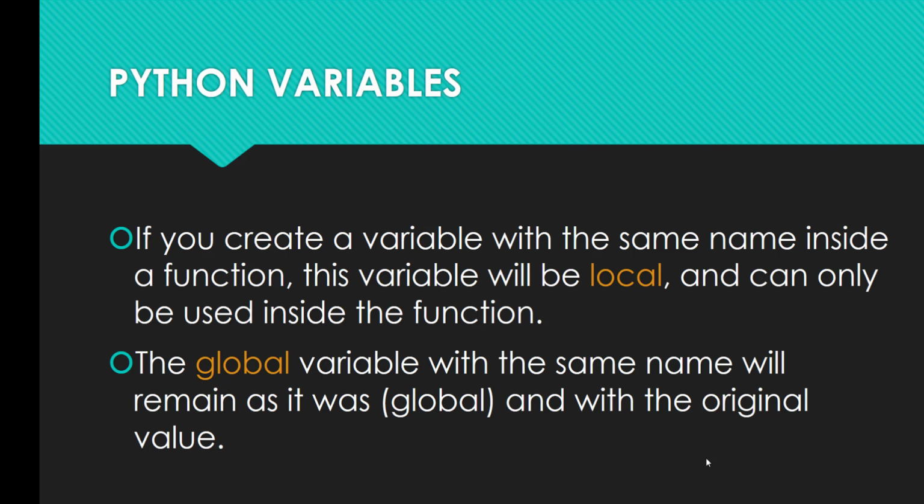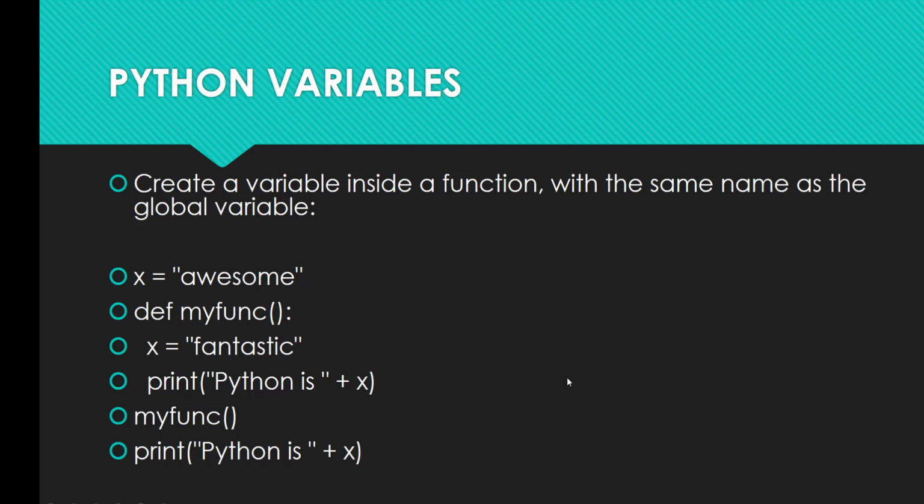So in Python, if you create a variable with the same name inside the function, this variable will be a local variable and can only be used inside the function. The global variable with the same name will remain as it was, global, and with the original value. So we're going to create a variable inside the function and we'll use the same name as a global variable.